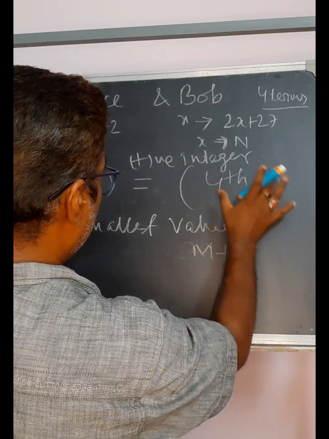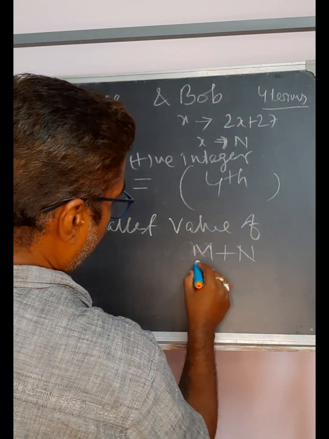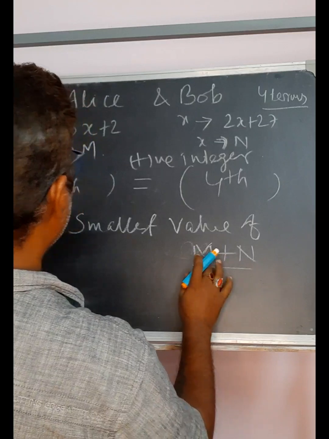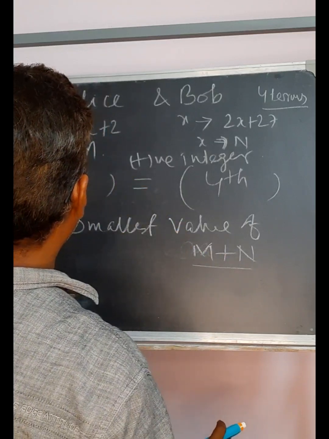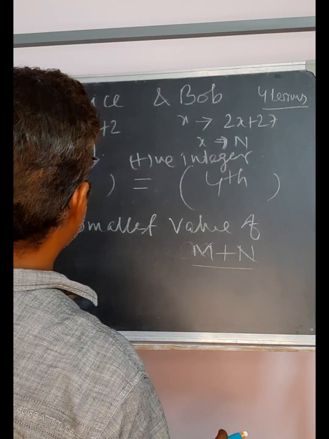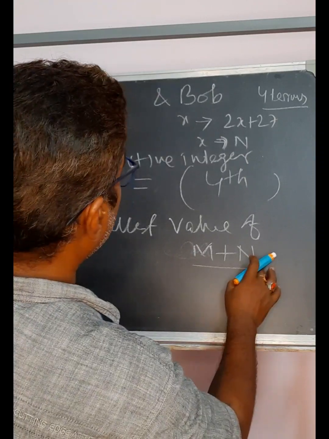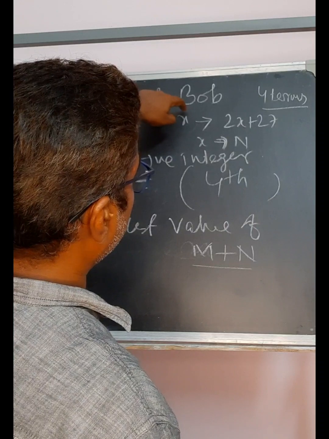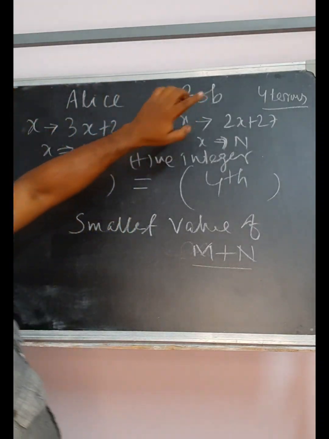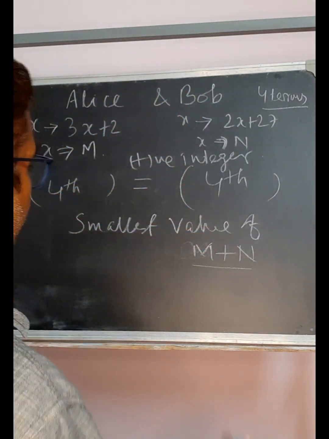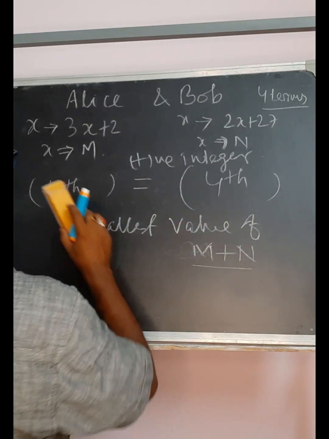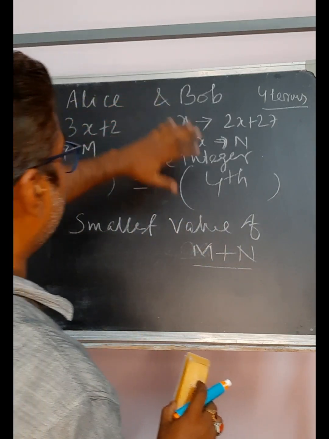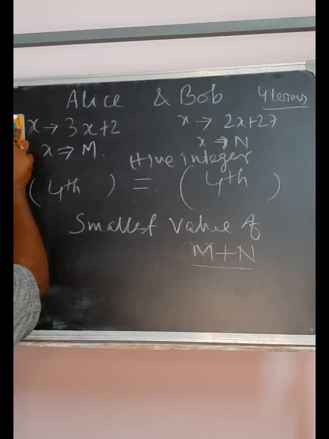If that is the condition, then you have to find m plus n, where m is the variable replacing x for Alice, and n is the variable replacing x for Bob. Now we have to find the smallest value of m plus n.